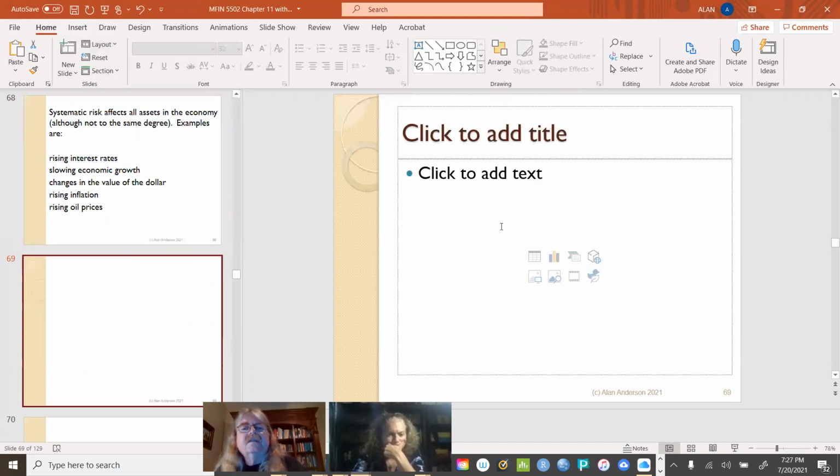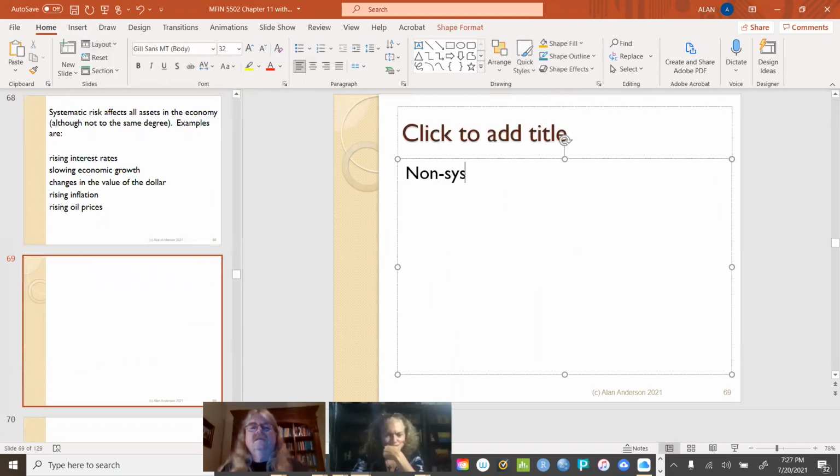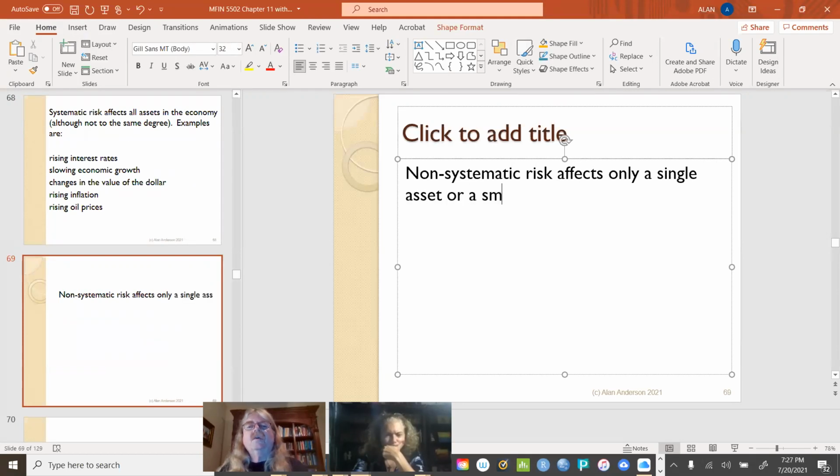as the name suggests, affects only a single asset or a small group of assets. For example, let's think about this one.